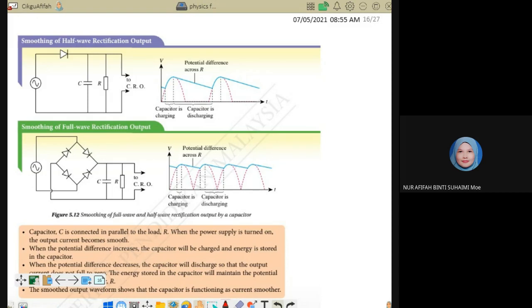Nampak lah line ni. Ini nampak tak bentuk capacitor. Ni semua dalam electronic component yang bulat yang macam cube, yang cube-cube yang 2 kaki tu adalah capacitor lah. Okay. Dia lambat sikit. Yang ada 2 kaki tu adalah capacitor. Yang 3 kaki transistor.